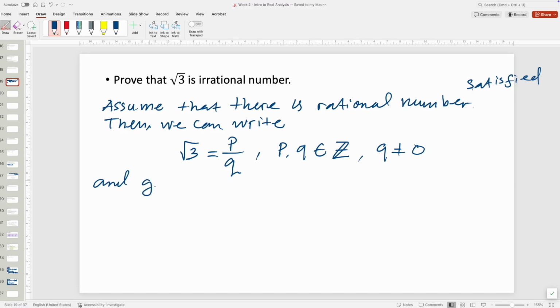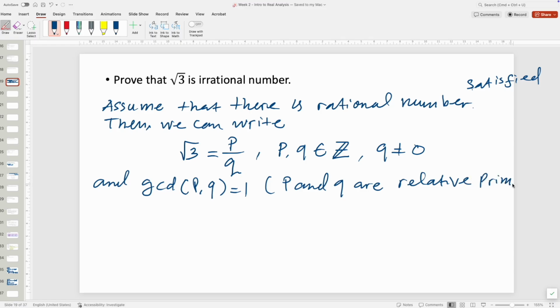And the greatest common divisor of P and Q equals 1. It means P and Q are relatively prime. Okay, what next?